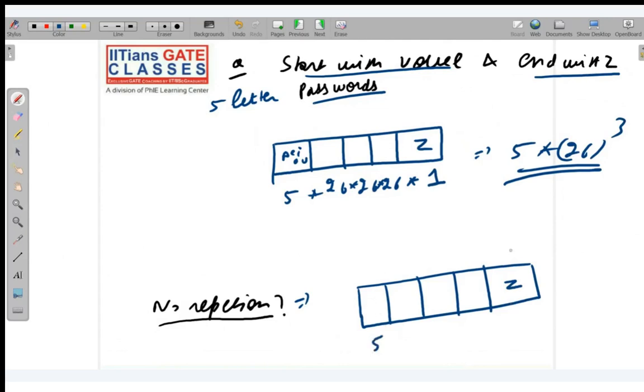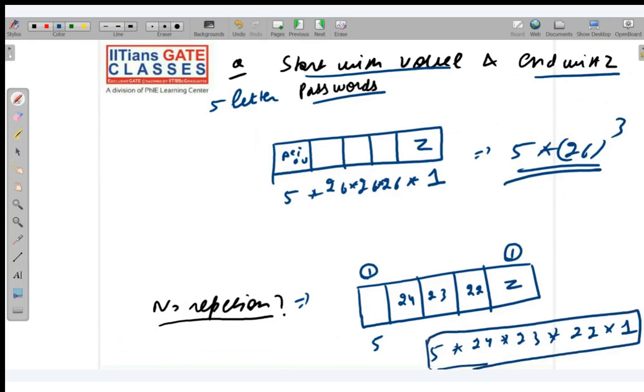Now see this. One character is gone here, one character gone here. So how many are left? 24 are left. So 24, then 23, then 22. So what will be our answer? 5 into 24 into 23 into 22 into 1. This is my answer.